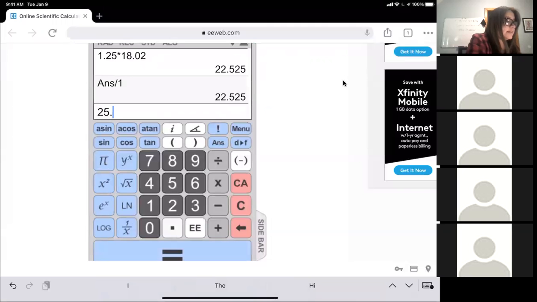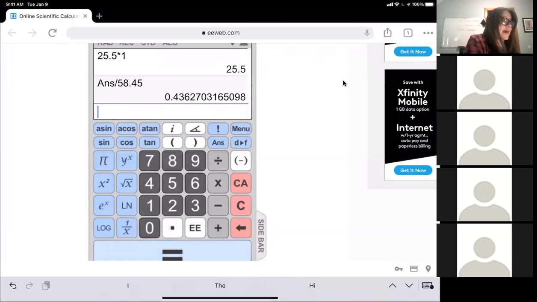25.5 times 1 divided by the molar mass, which is 58.45. That's what's at the bottom of the fraction, equals that. So that's your first number, from your first fraction.